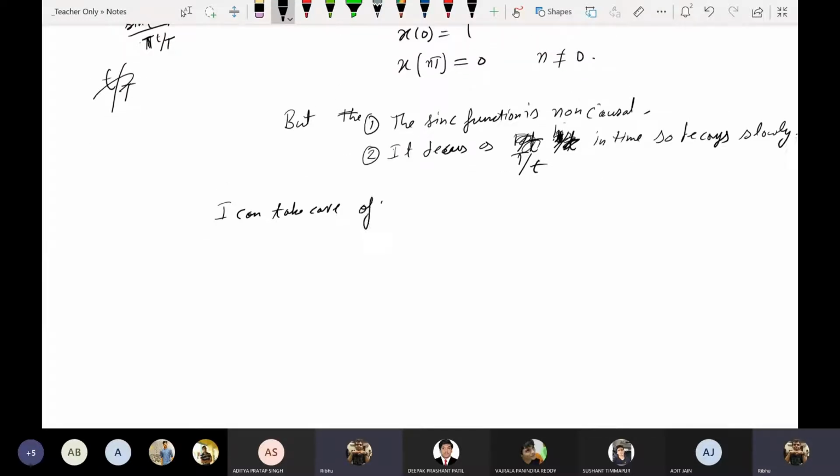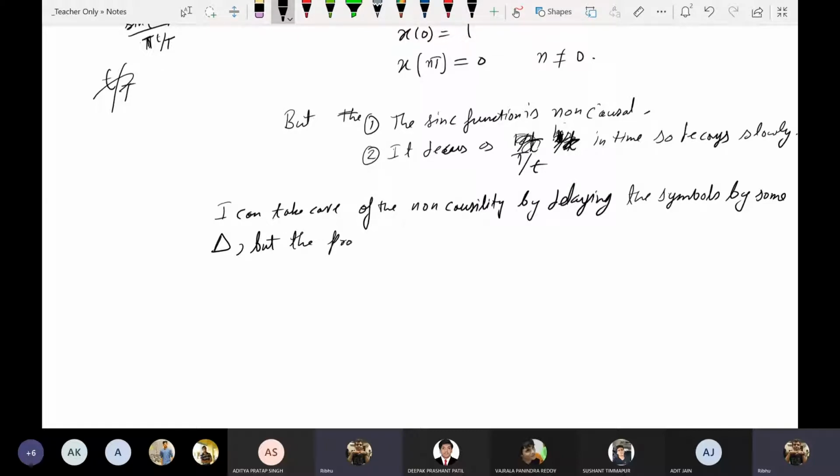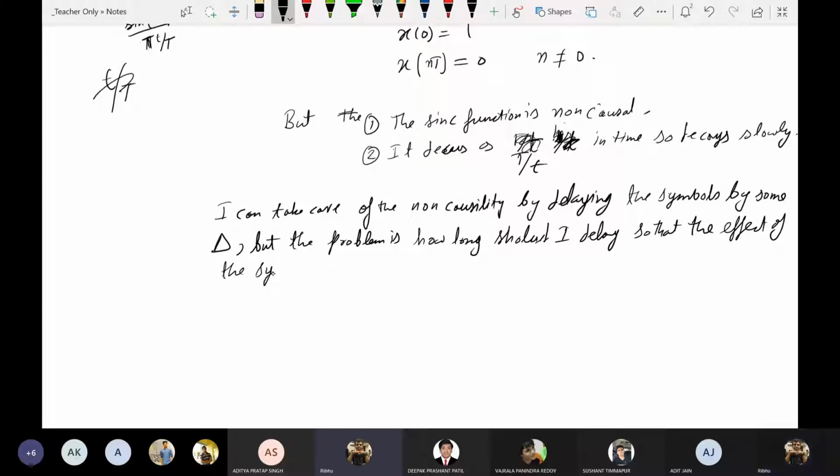So of the... delaying the symbols by some delta, but the effect of that depends on the rate of decay, right?